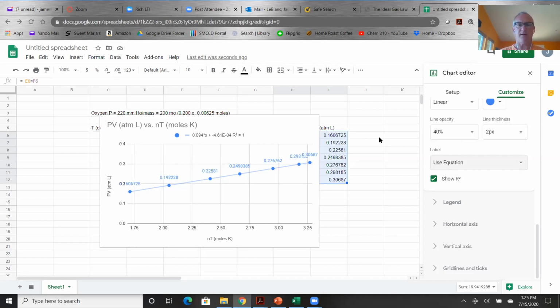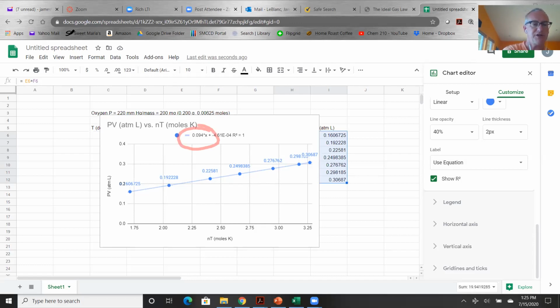So that should give us R. What's the slope of my line here? 0.094. Right. So my slope is right there.